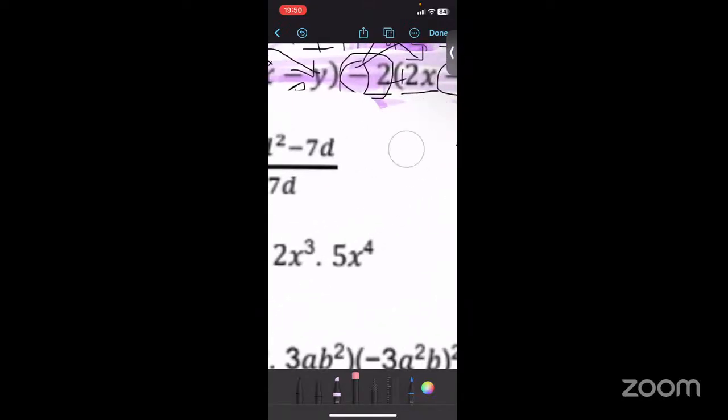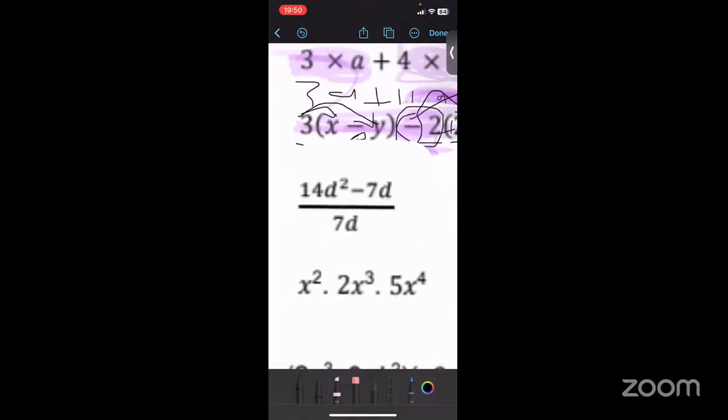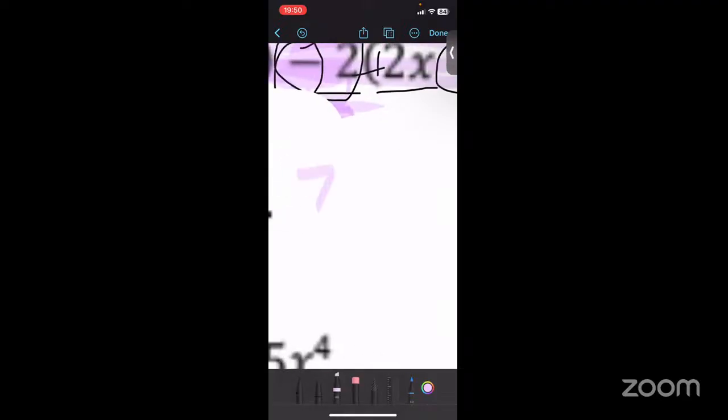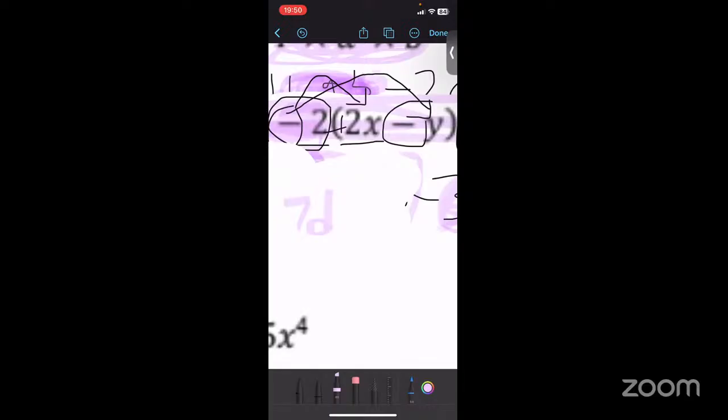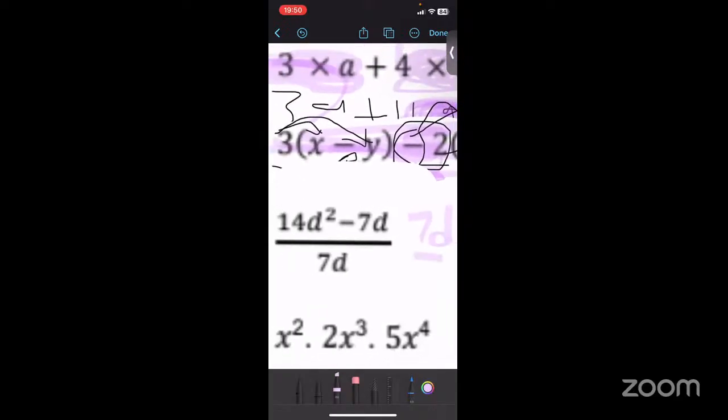So this is what we're going to have. Let me try to create space over here. We're going to have our 7D being our highest common factor. Now you're going to say, what can I multiply the 7D with so that it gives me the 14D squared?